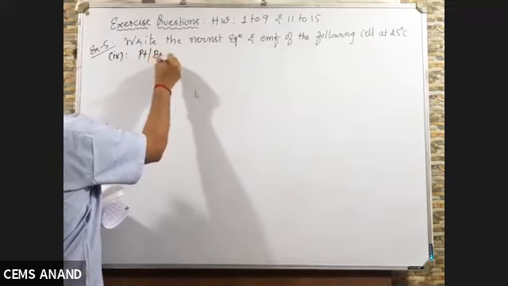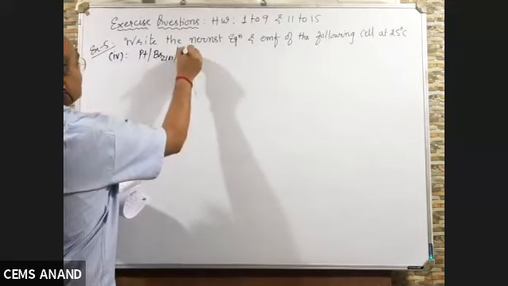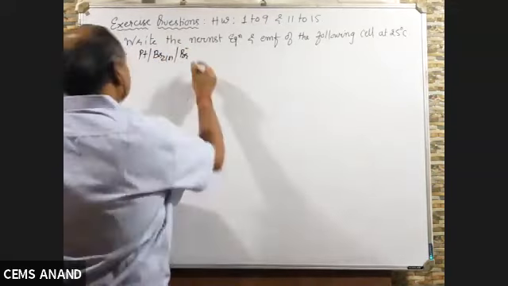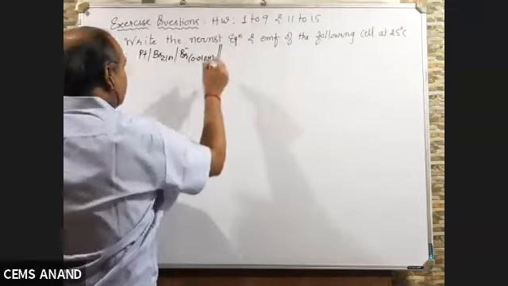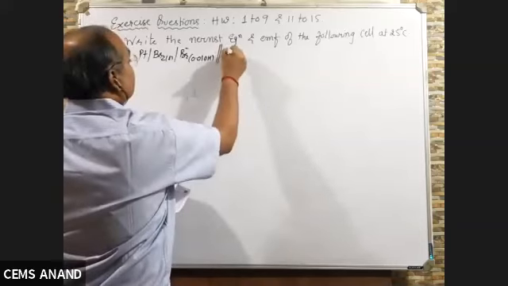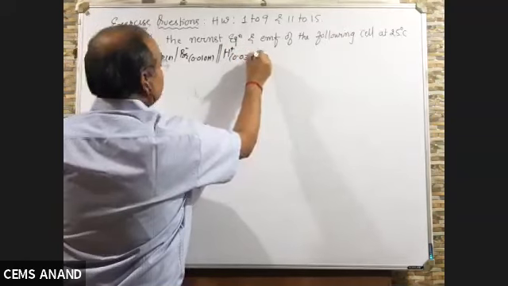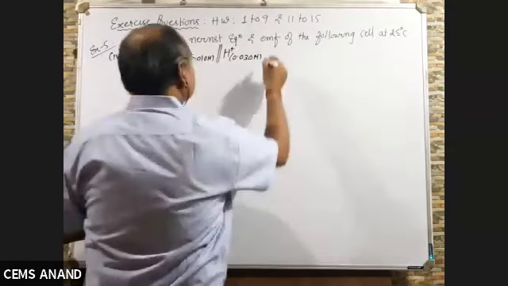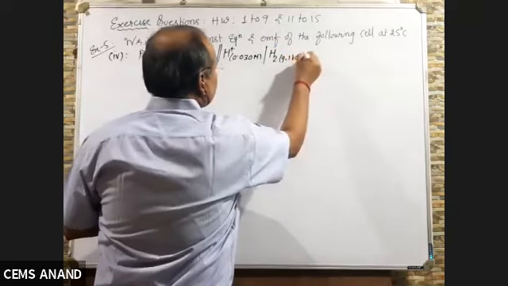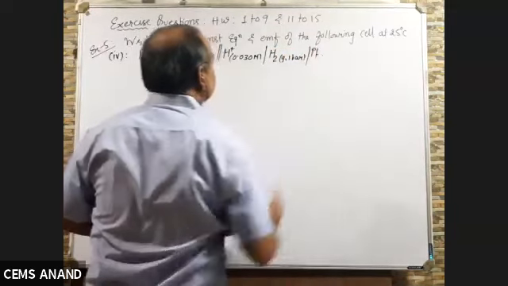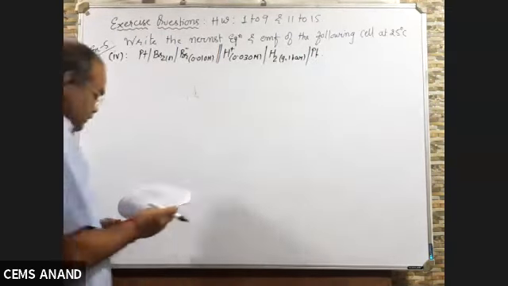Pt, Br2 liquid, Br minus 0.010 molar, double slash, H plus 0.030 molar, H2 gas 1 bar, Pt. Right? So this numerical might be difficult for you.